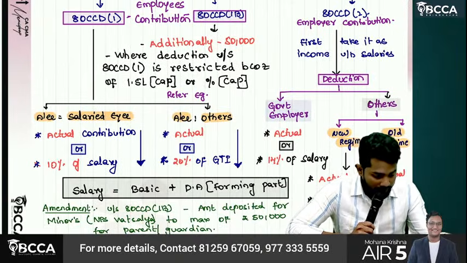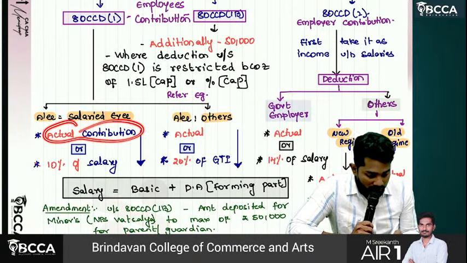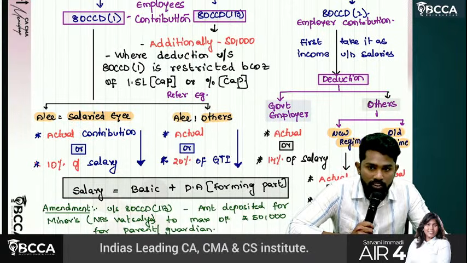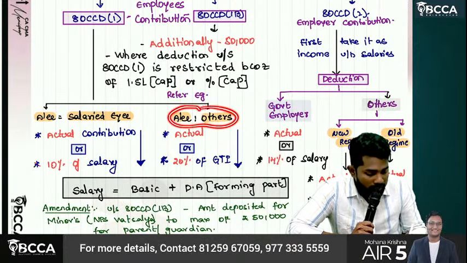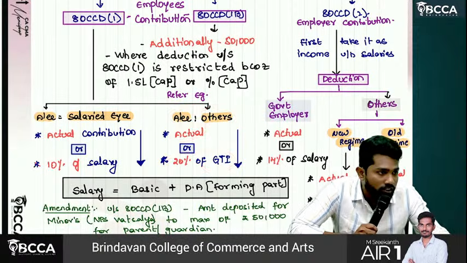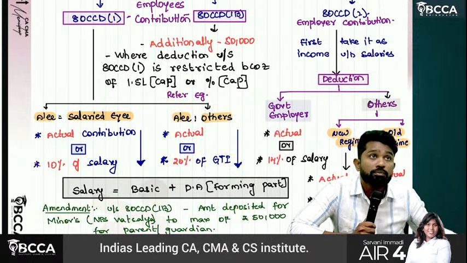Okay. So first, employee's contribution under 80CCD1, how much is allowed as deduction? If he is a salaried employee, then actual contribution or 10% of salary, whichever is lower. What is called salary? Basic plus DA forming part. If he is any other employee, actual or 20% of gross total income, whichever is lower.